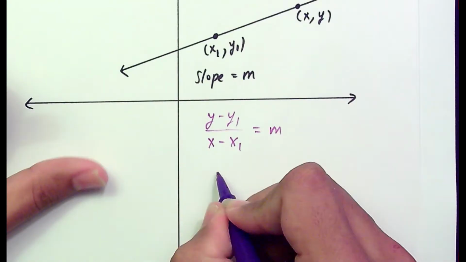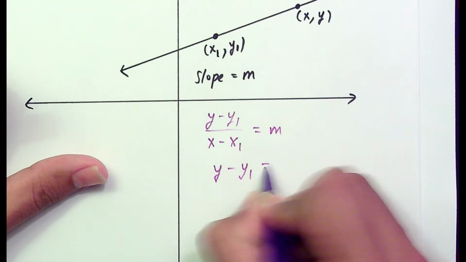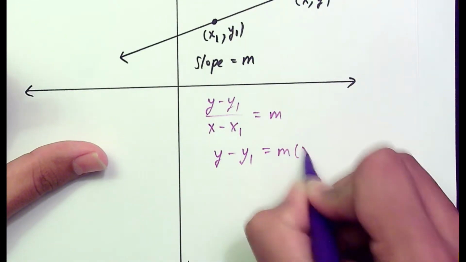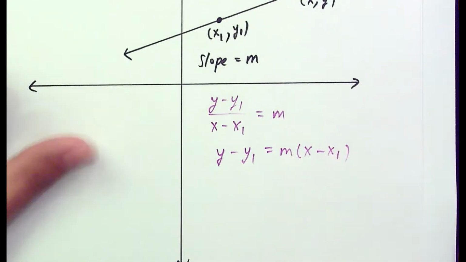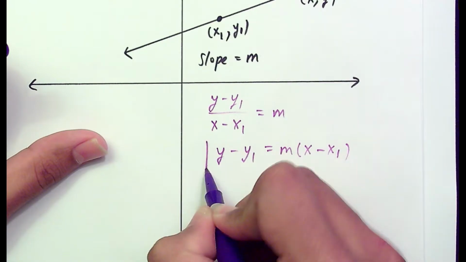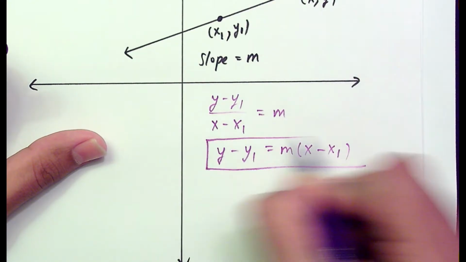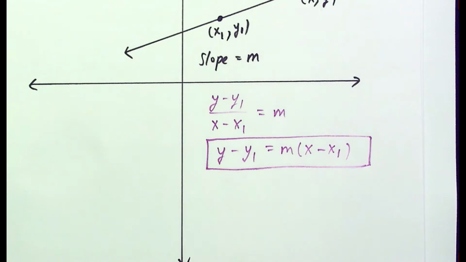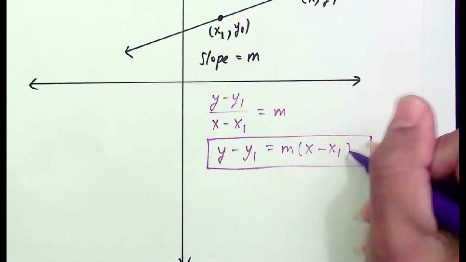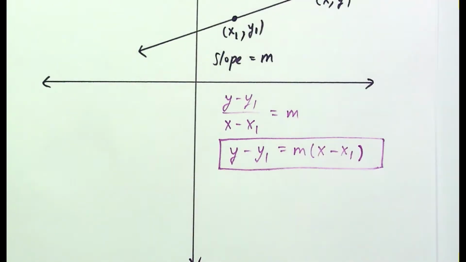And then multiplying, you will get that y minus y1 equals m times (x minus x1). And that is the equation of this line. That's the relation that x and y must satisfy if it is going to be on that line.